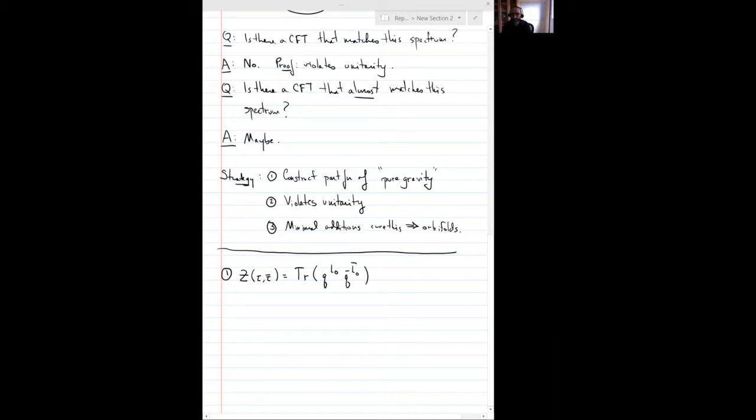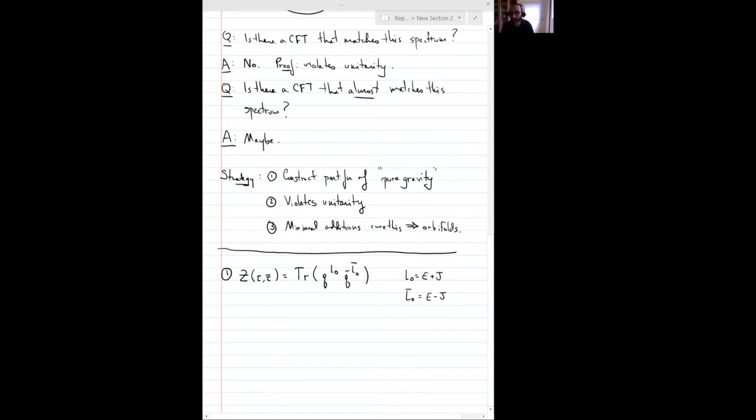Or in the language of conventional physics, we would just call it the finite temperature partition function. So here, L0 and L0 bar are, I guess I called it E, just the left and right moving combinations of energy and angular momentum.